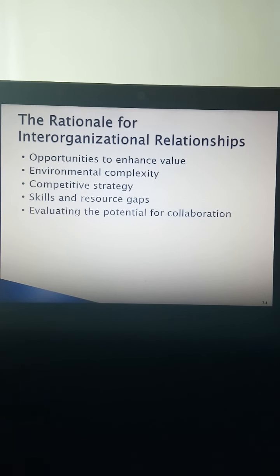Alright, the third factor is competitive strategy. Somehow, working with other organizations may become a value added element in how an organization competes, because when we work through relationships, we are actually working together with other organizations.